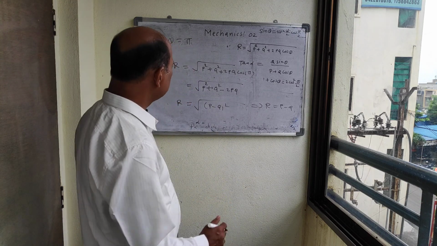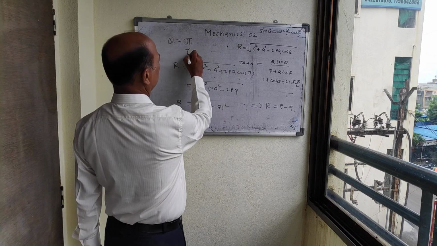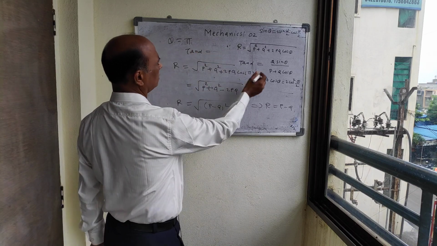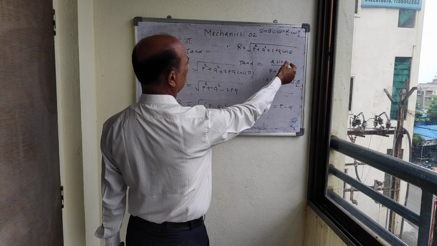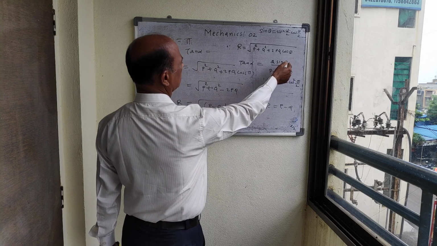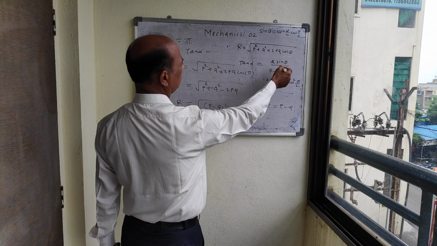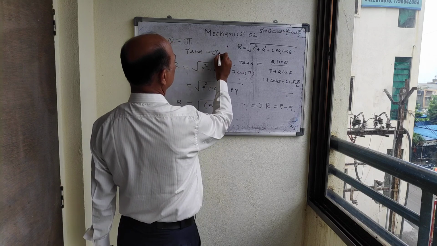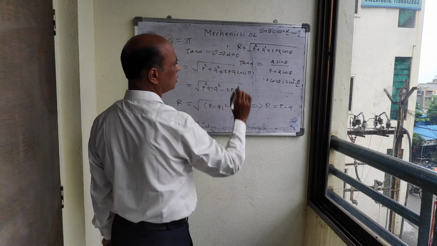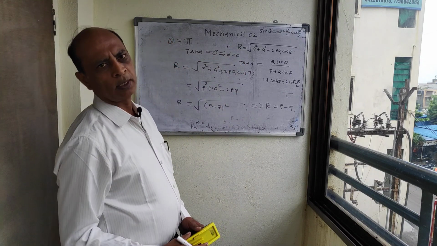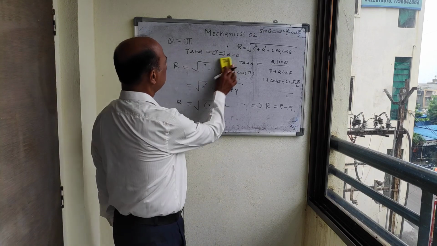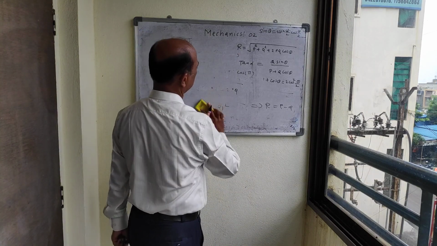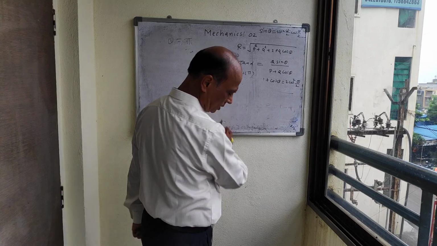In this case the direction is tan alpha equal to, here you can put sin pi, sin of pi means 0, so this will be 0, and alpha is equal to 0.